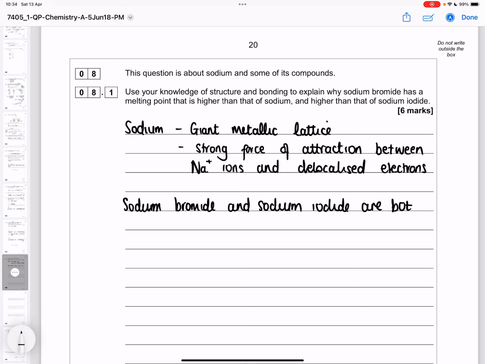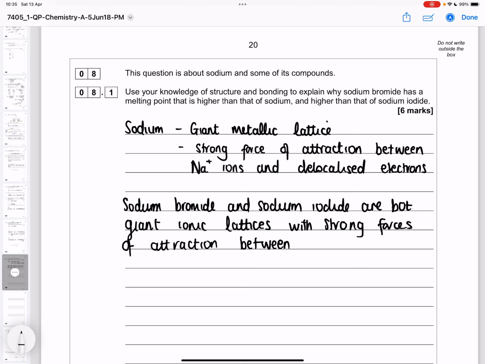Both giant ionic lattices with strong forces of attraction between, and in this case, because they're ionic, oppositely charged ions.